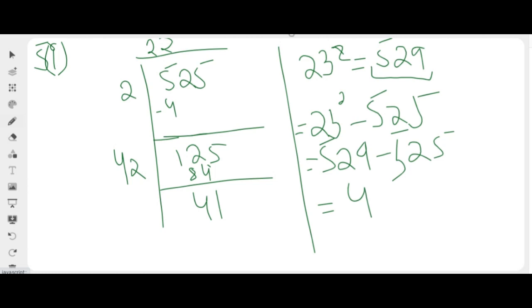So the required perfect square is 529, and under root 529 is exactly 23. 525 we have to solve with this long division method. We get the answer 4, and by solving that we get the number that will give us the less number. Ma'am, are you doing it on the whiteboard?